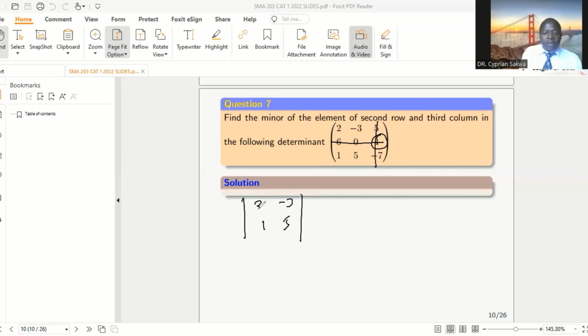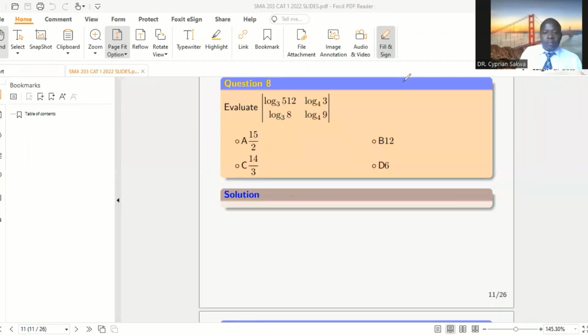So this is 10 minus 3, which is 13. So that is the minor. That is how we do the minor, and I had shown you in an earlier question how to do that. Now we are asked to find the determinant of this matrix.